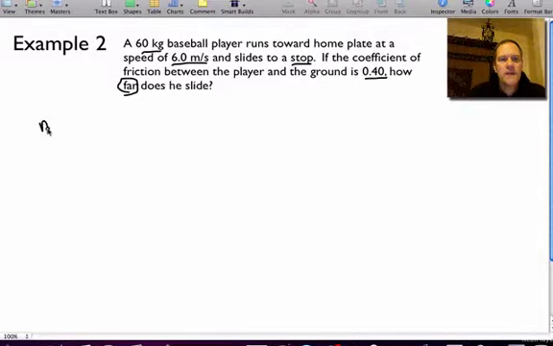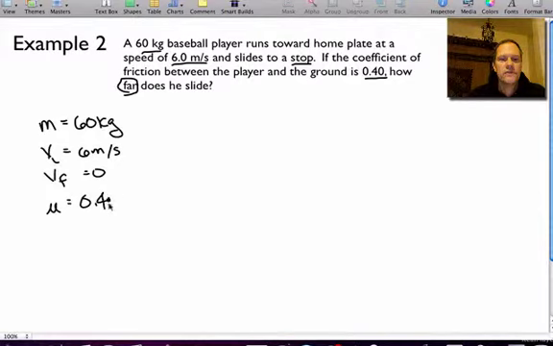So here we have a mass of 60 kilograms. He's traveling at an initial speed of 6 meters per second and a final speed of 0 because he comes to a stop. And the coefficient of friction, mu, is equal to 0.40. We're looking for distance.